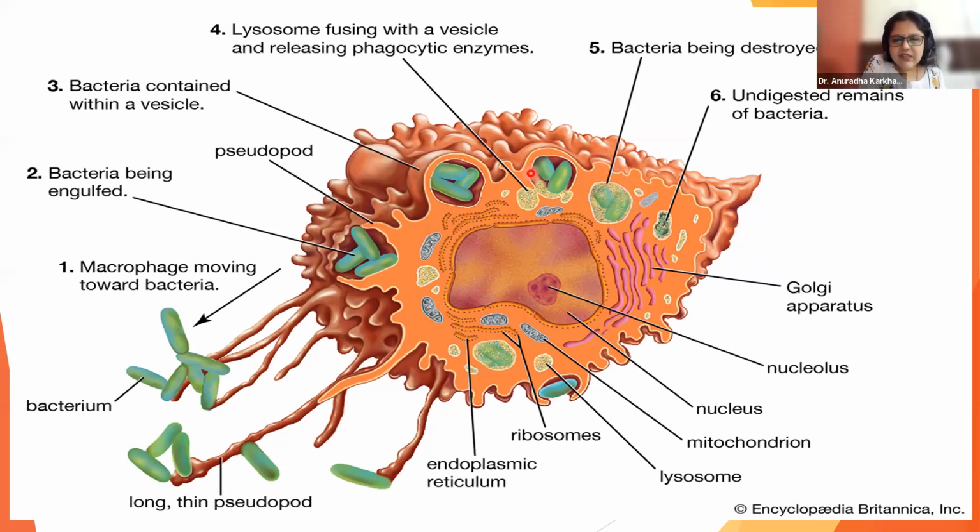So now this is your secondary lysosome. And if there is any undigested part remaining of the bacteria, we call it as residual lysosome. I hope you all remember all these things. Correct? But the bacterial activity is completely destroyed.